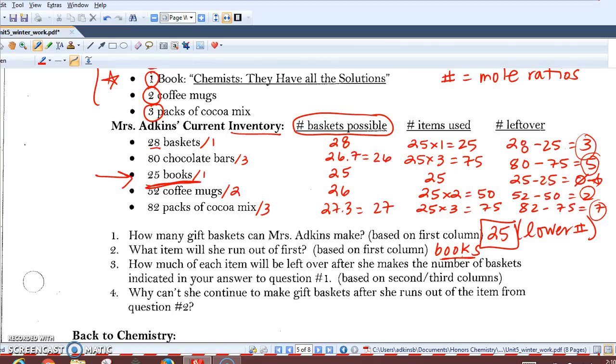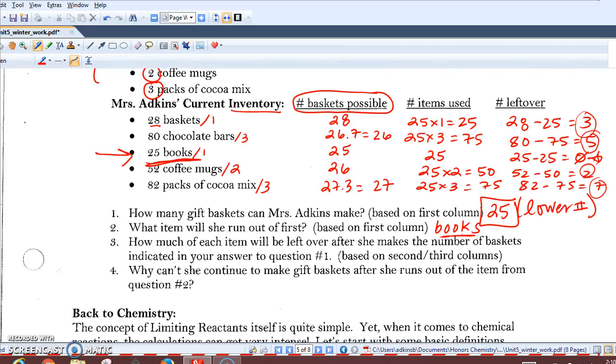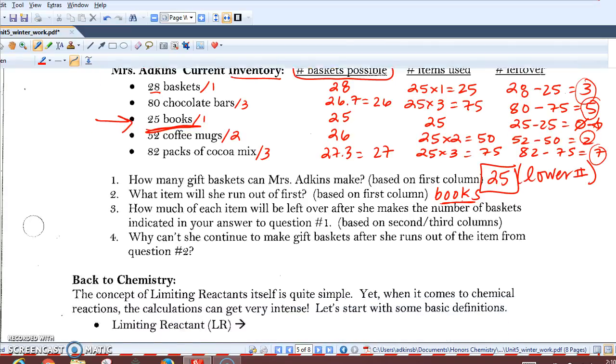But for a chemical reaction, could the reaction keep going? And the answer is no. If you don't have a reactant anymore, you can't convert it to products.